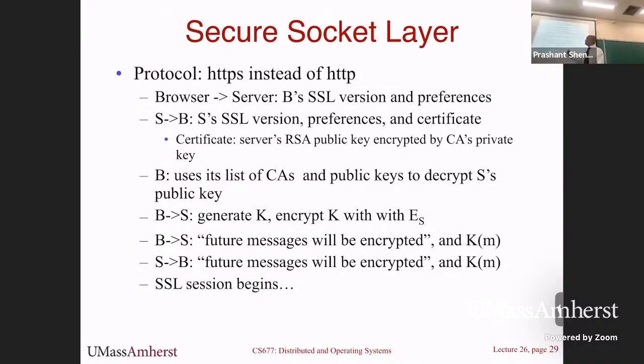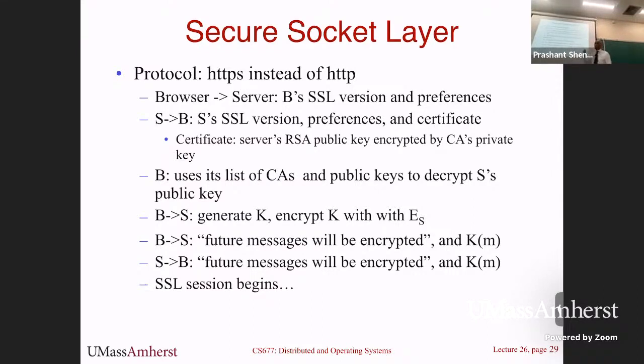So the browser is going to generate a session key, K. It will then encrypt the session key with the server's public key that came in the certificate, and send it back. Future messages will be encrypted. Here is the session key we are going to use, which is encrypted.